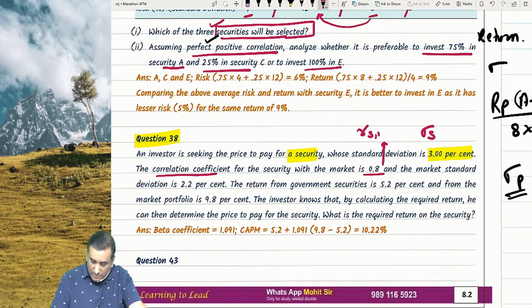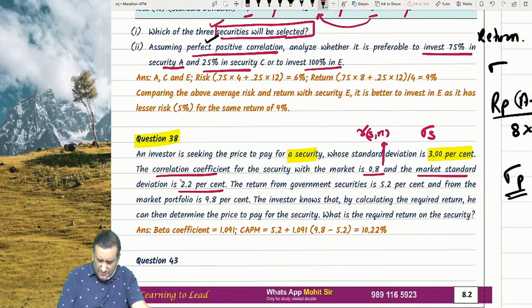R. The market standard deviation is 2. Market standard deviation, that's standard deviation of market. Return from the government securities RF.